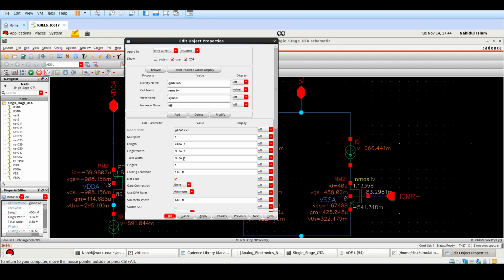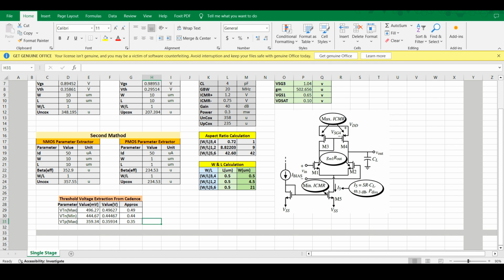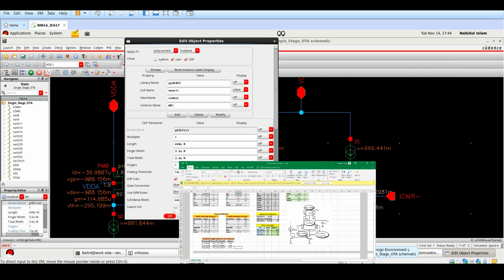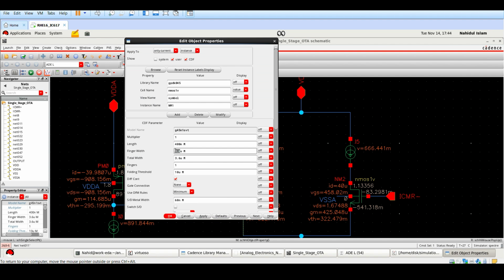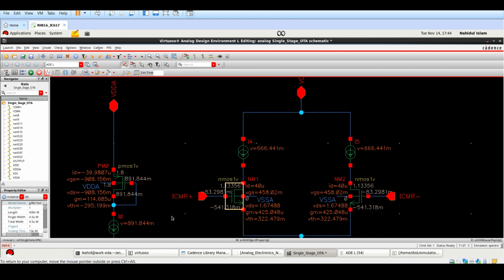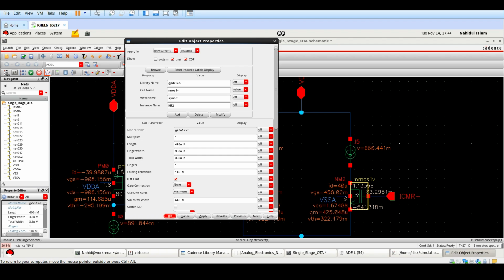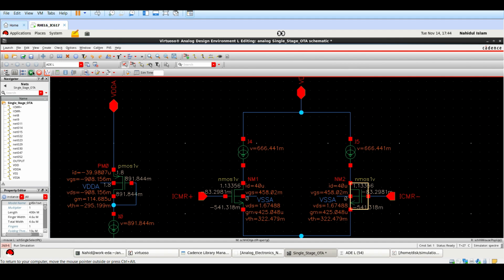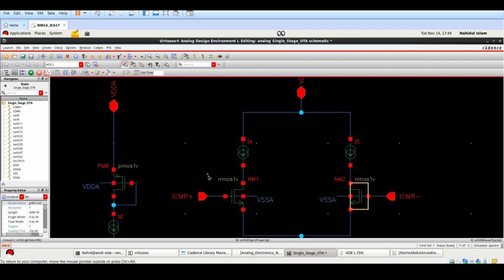So now I know the width of the NMOS transistor, so I have to set the width of this transistor. If I set 4.5, for that I have to run the simulation.